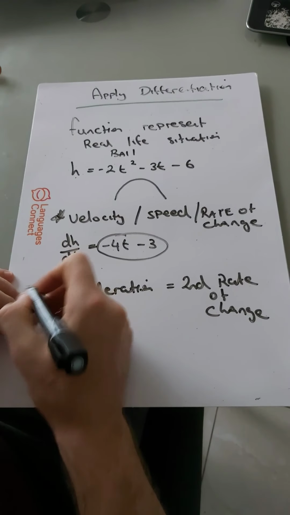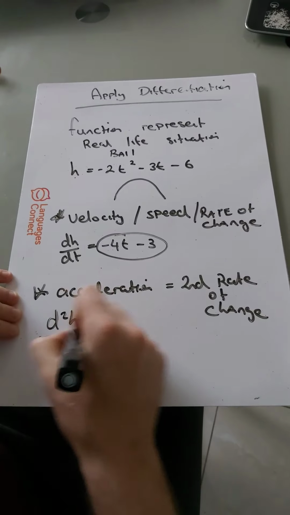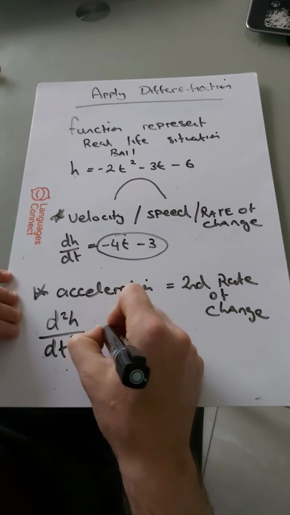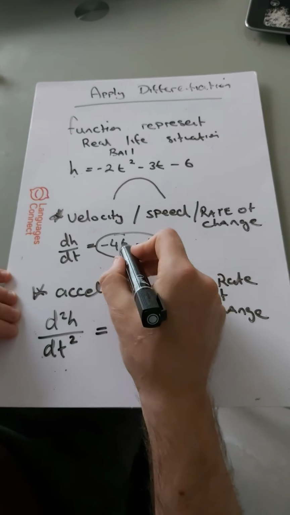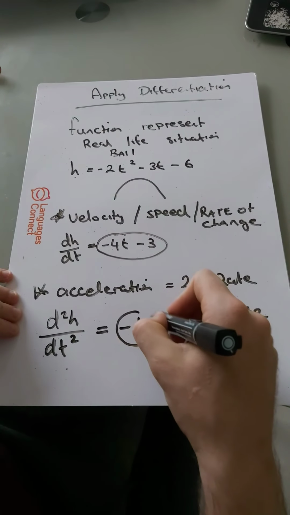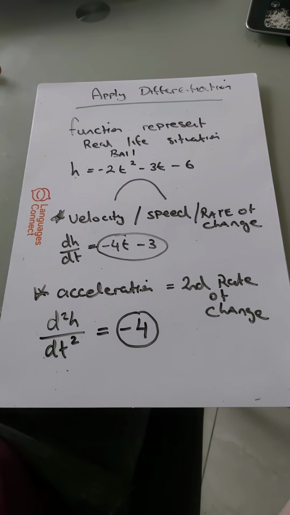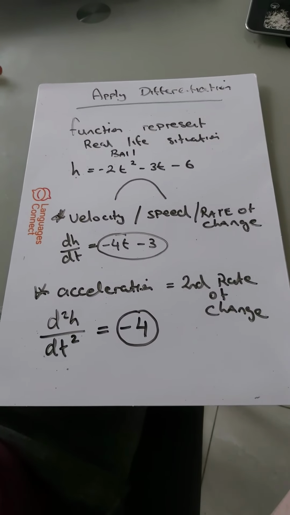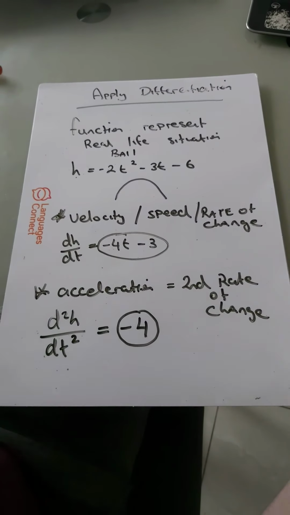If it asks us for acceleration, this is like the point of inflection. You differentiate it a second time. In this case, if I differentiate minus 4t minus 3, I get minus 4, which means my acceleration is constant, which means it's not changing, which means it's going to stay at minus 4 the whole way through it. So just watch out for that whole idea of velocity and acceleration and applying it to a real life question.